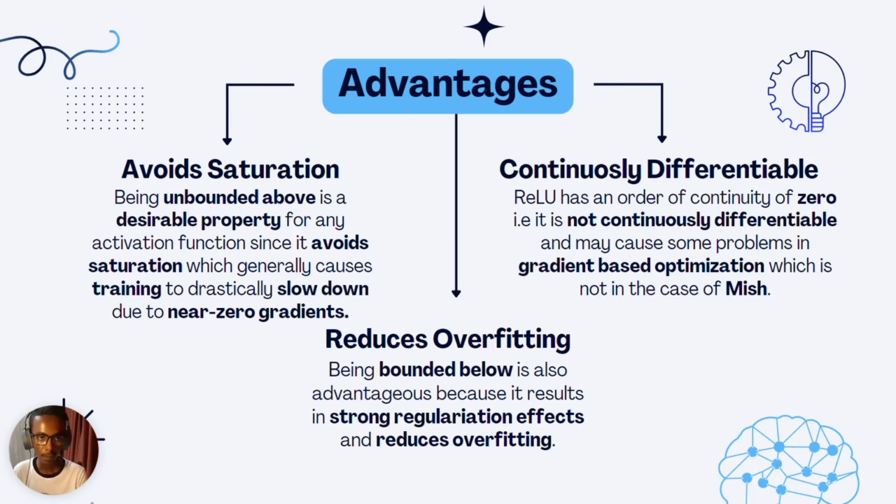So when a function is not bounded from above, it avoids saturation during training, and saturation causes the slowdown of the learning procedure when you train a neural network, because the gradients will be very close to zero.